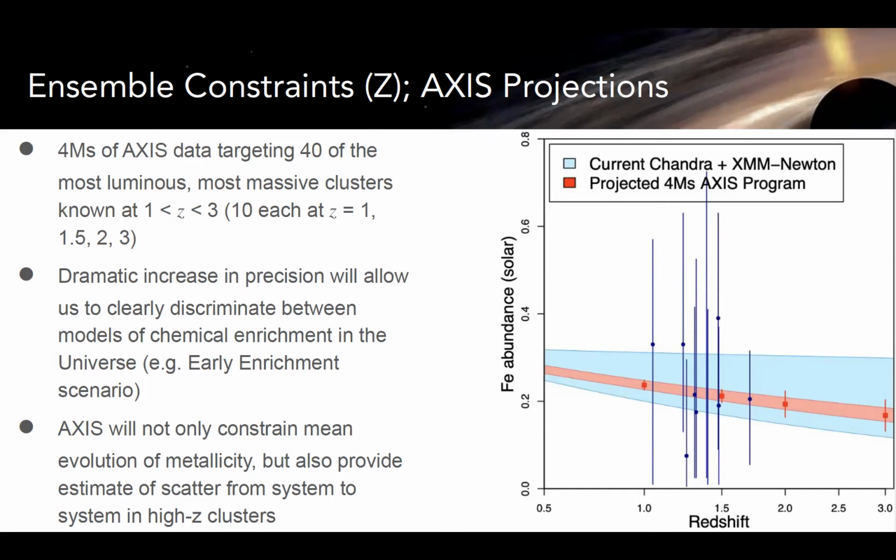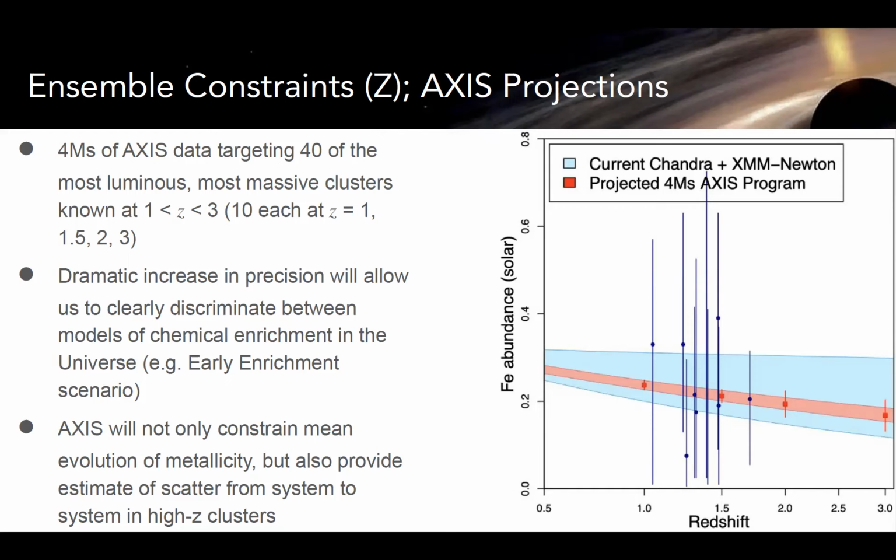You mean in just the sense of what AXIS can provide? Yes, so cavities are going to be more difficult to measure than thermodynamic and chemical profiles, but AXIS absolutely will be able to resolve the cluster cores and give us those imaging analyses where we can see those cavities.